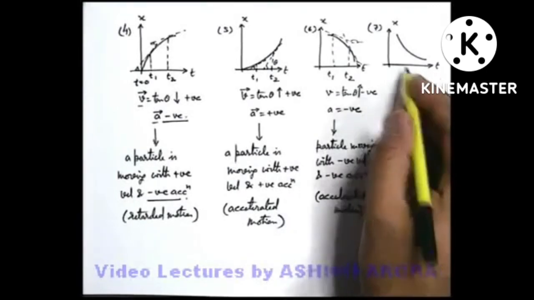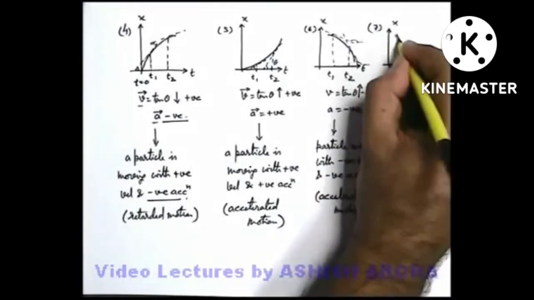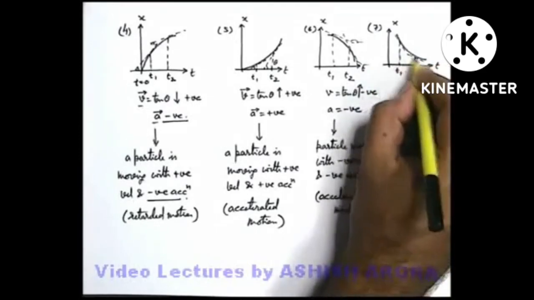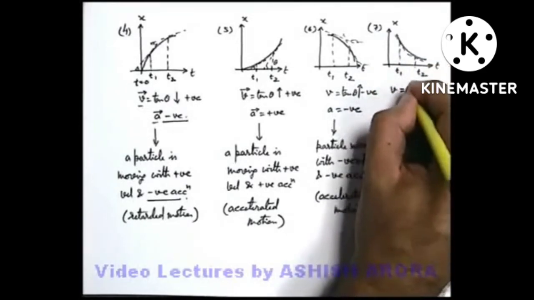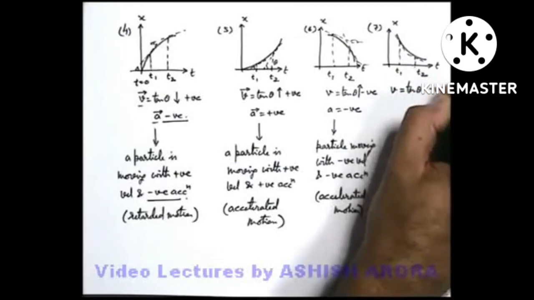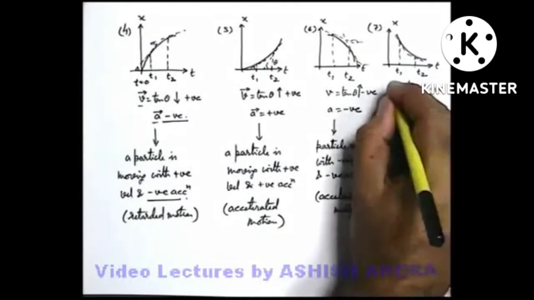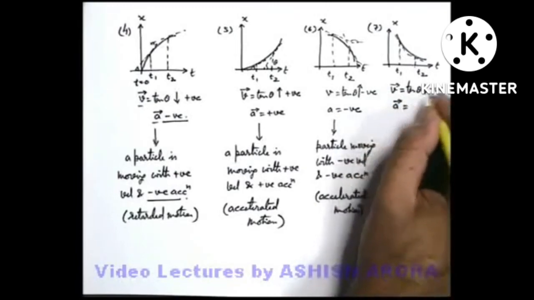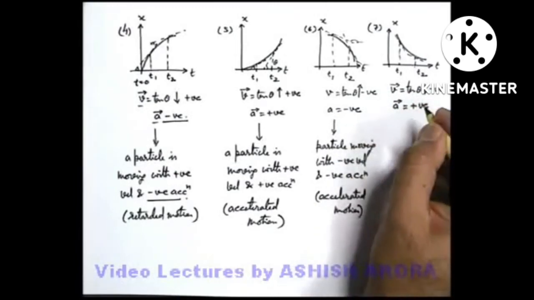Similarly, if we talk about this curve 7, you can see that the steepness of tangent is decreasing from time t1 to t2. And as again the tangent makes an obtuse angle, the velocity, which is tan theta, is negative, but it is decreasing. So if velocity vector is negative and it is decreasing, that means acceleration vector will be in the direction opposite to that of velocity. It must be positive.